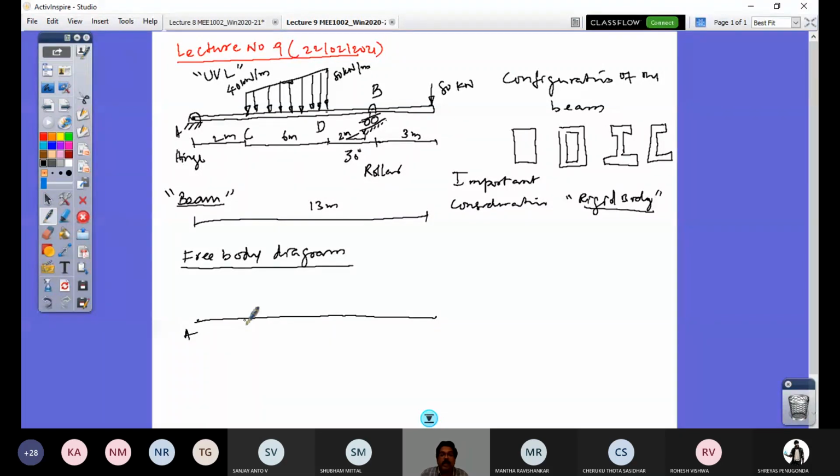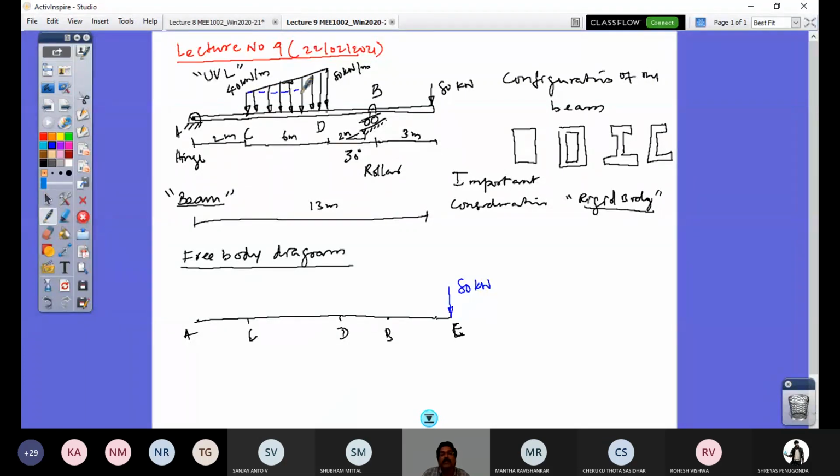Okay, this is point C, so let us say this point is E. So let me show the active forces. Here the active forces are 80 kilonewton force at NDE, and this uniformly distributed load I'm going to represent as the resultant of this uniformly distributed load.